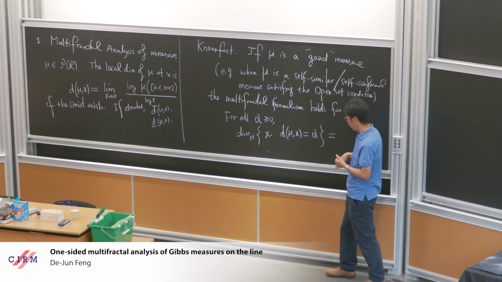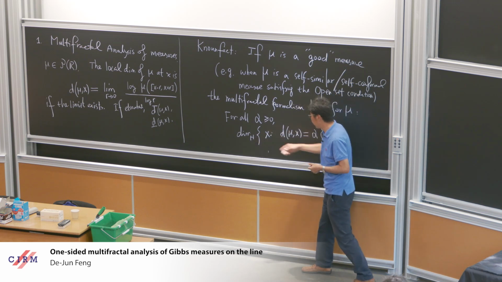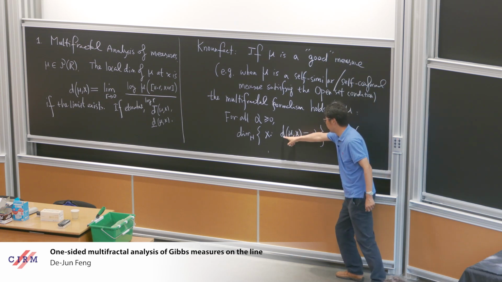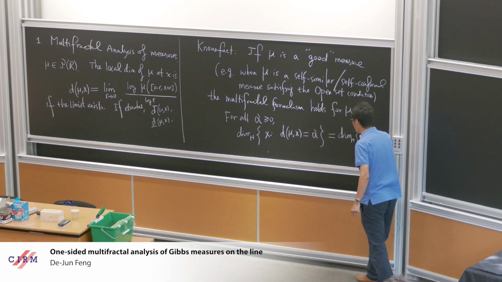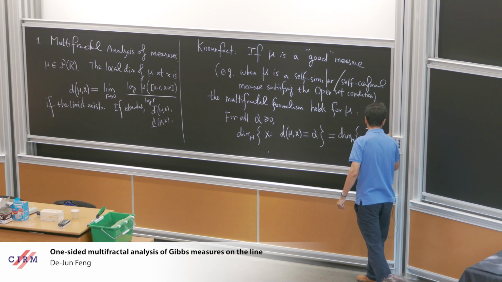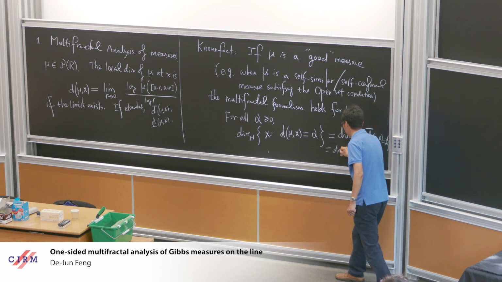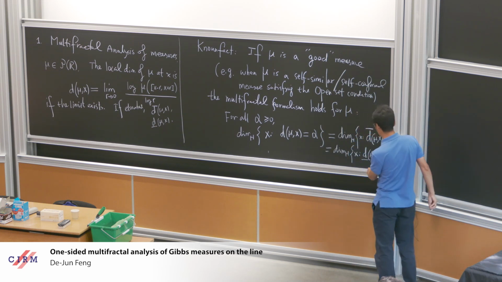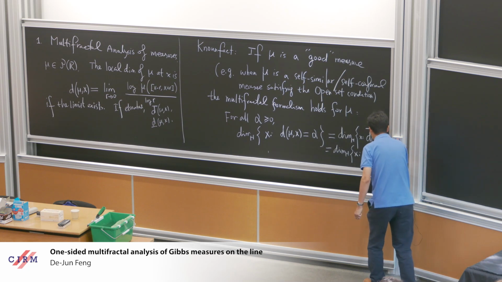So the Hausdorff dimension of this level set is equal to, also you can change the local dimension to upper local dimension, also equal to the lower local dimension equal to alpha.